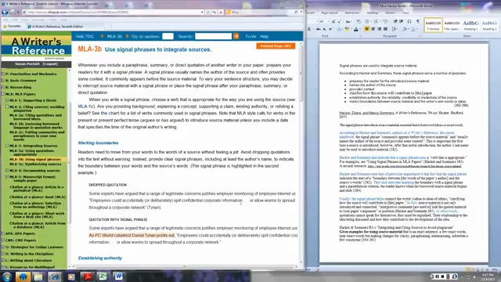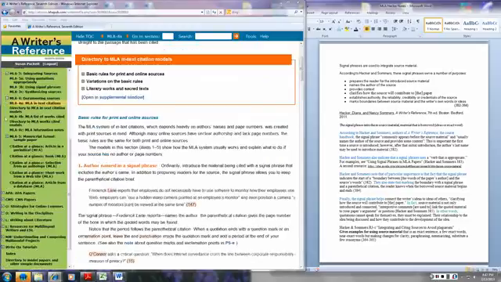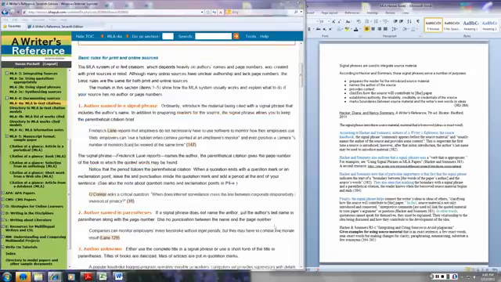Let's look at how we incorporate signal phrases and parenthetical citations into the paper according to Hacker and Summers. We are looking at section MLA 4A, MLA in-text citations, on page 389 of the course text, and this provides you with the basic rules.